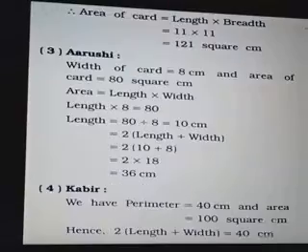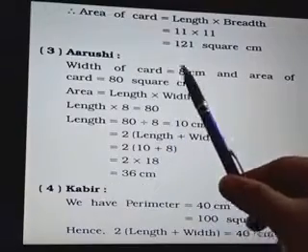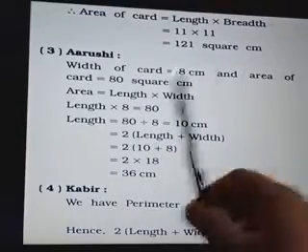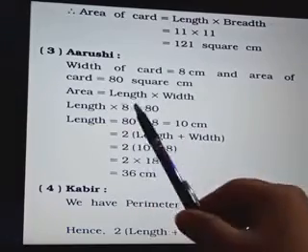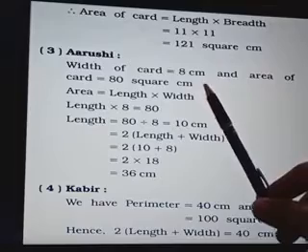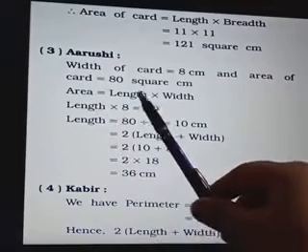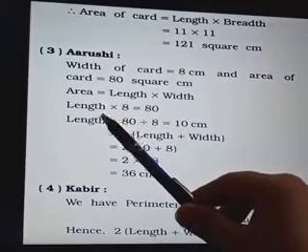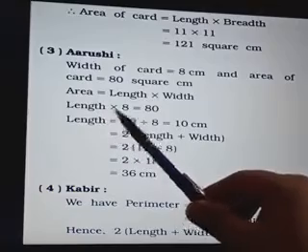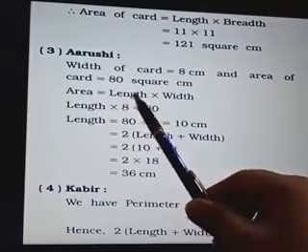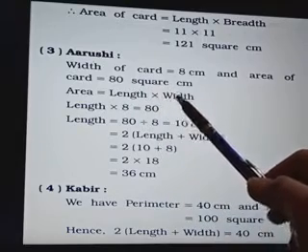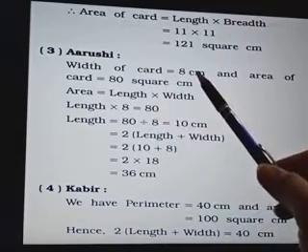So what we will do here now: width of the card is 8 centimeter and area of the card is 80 square centimeter. Area equal to length multiplied by width. So area is already given to us, so we will keep the value 80 instead of area, and length we have to find, but width is already given, that is 8 centimeter.